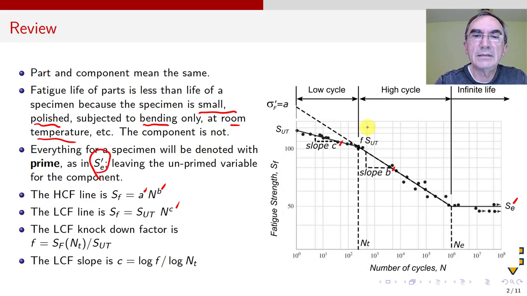And the reason for that is that in this region, from here to here, for the low cycle fatigue life, all the factors that make a part or a component different from a specimen, let's say it is larger, or the surface is not polished, do not have a bearing on this region at the beginning.